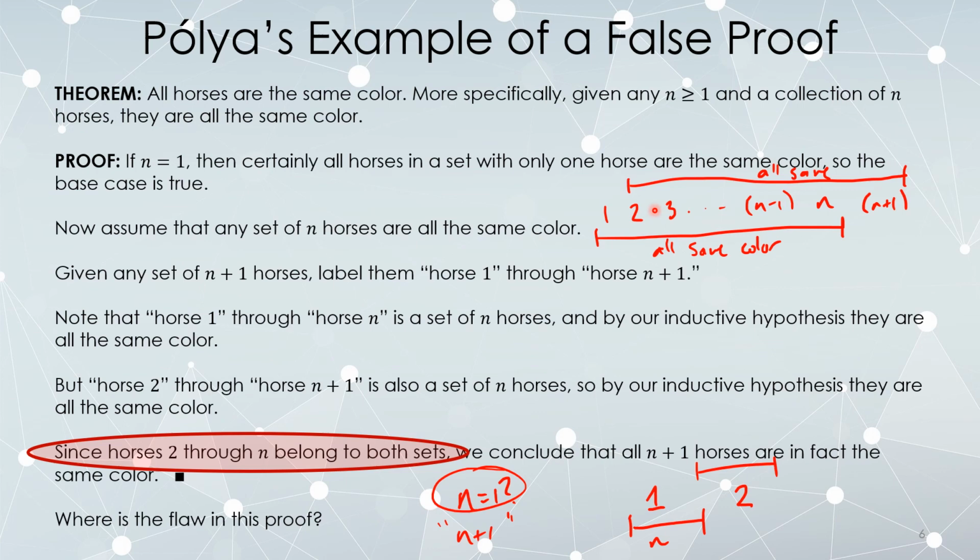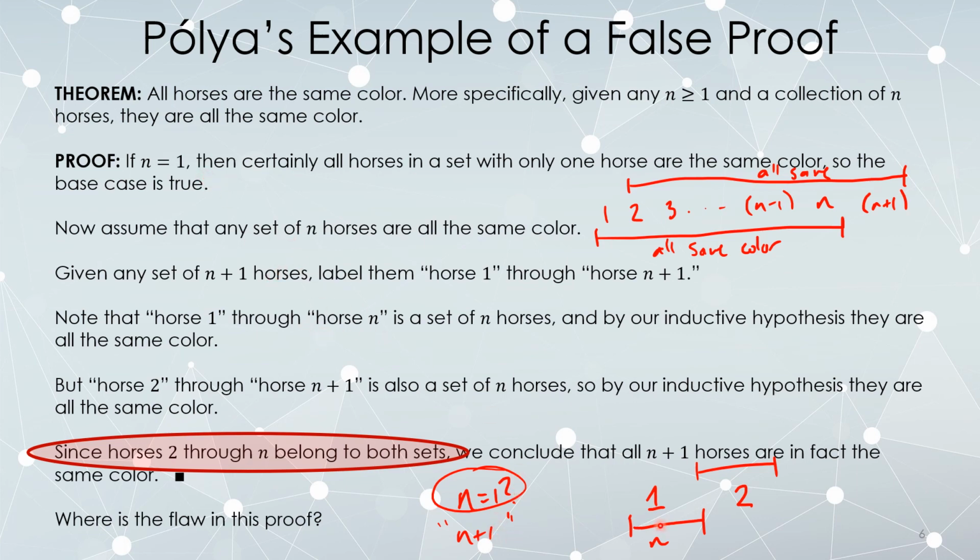So these are two separate collections of n horses, but they don't overlap. Here I used the fact that these sets overlap to say if these are all the same color and these are all the same color, well then overall they all must be the same. This overlap was crucial.